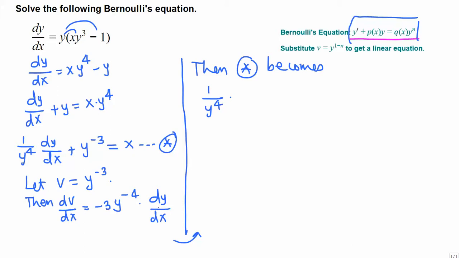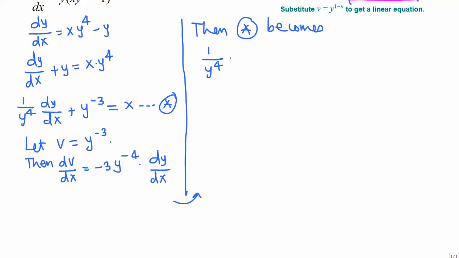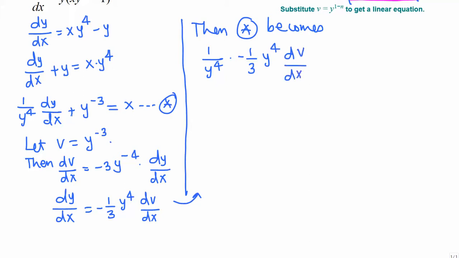We are supposed to solve for dy over dx. Let's go back here and solve for dy over dx. Dy over dx is equal to, moving this to the left, negative 1/3 y to the negative fourth on the bottom, which is the same as y fourth on the top, times dv over dx. So negative 1/3 y to the fourth dv over dx plus y to the negative 3, this is v, equals x.